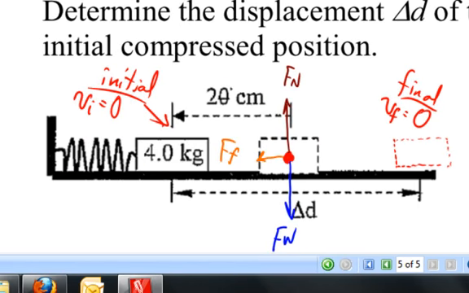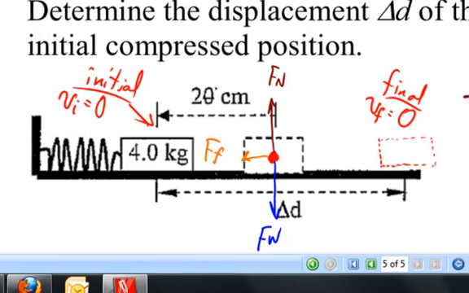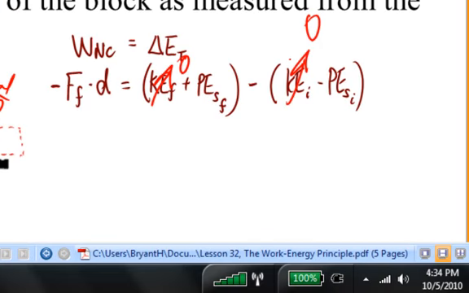Well, initially it has an elastic potential energy of 1/2 kx squared, where x is the amount of compression. When the spring expands and pushes the blocks along, its final elastic potential energy is zero because it's uncompressed or unstretched. And so I can say that the final spring energy is zero, and now I can figure out what it is I'm looking for.